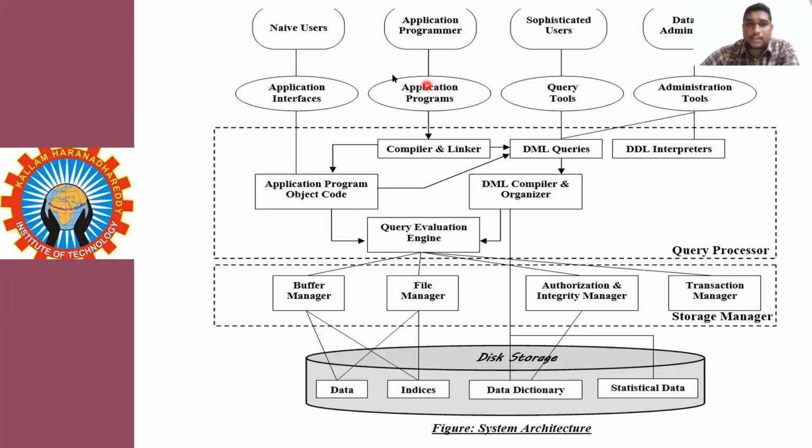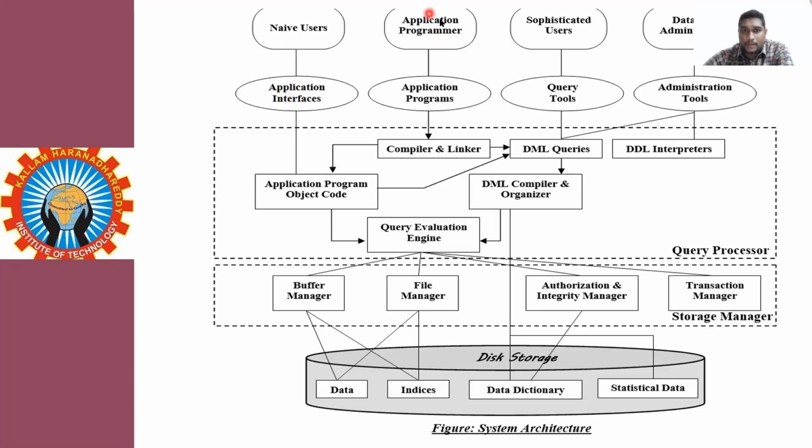First, we have various types of users: naive users, application programmers, sophisticated users, and DBA, the database administrator. We have various tools operated by different persons. Naive users operate by means of an interface.